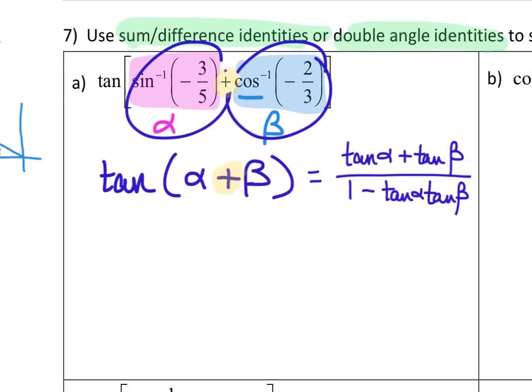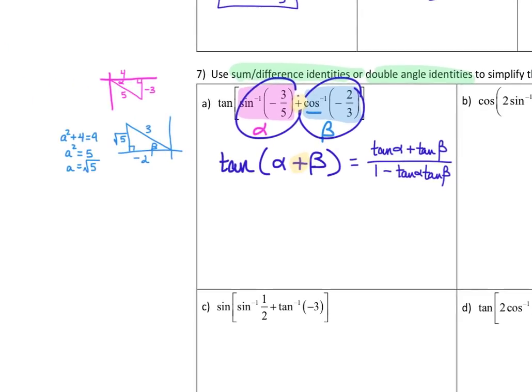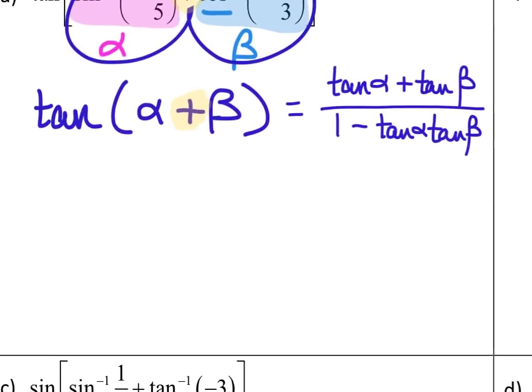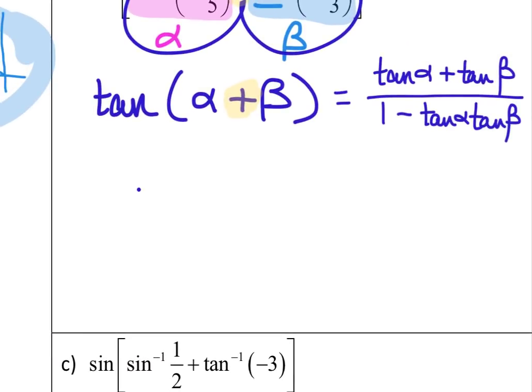Now I'm going to get those values for tangent alpha and tangent beta from the triangles that I drew, over here for alpha and here for beta. So my substitutions should look like this.